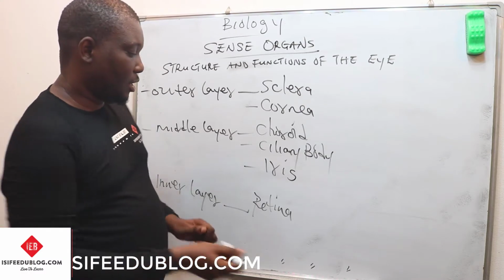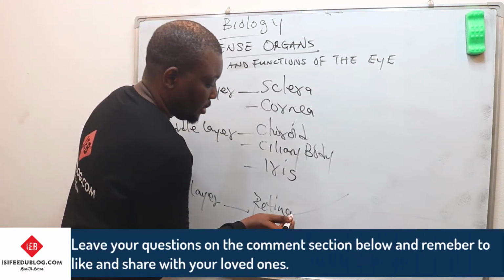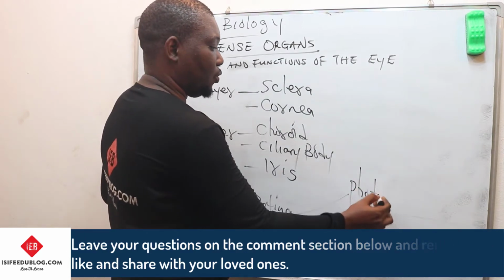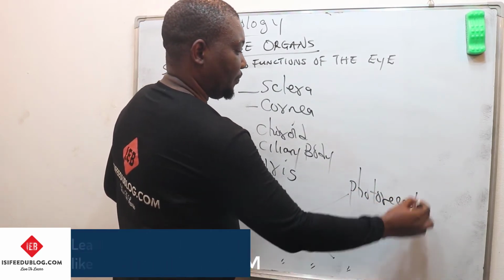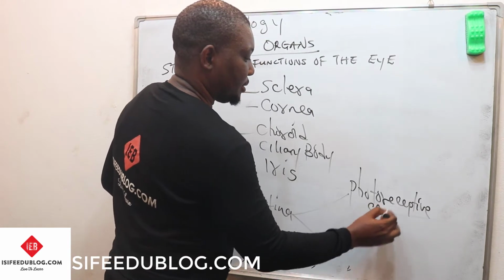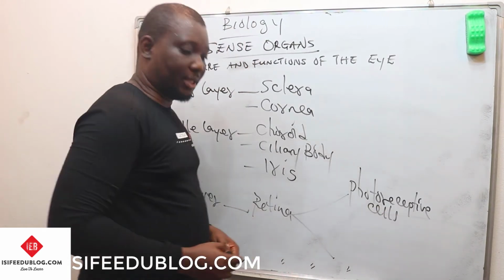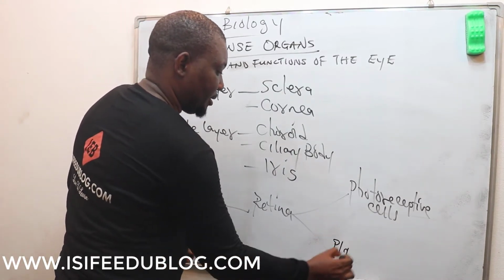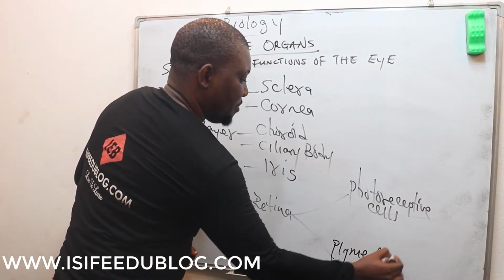But in turn, the retina comprises photoreceptive cells and a pigment layer.